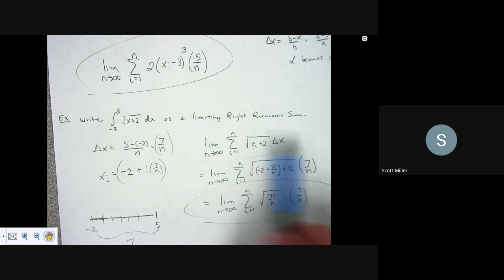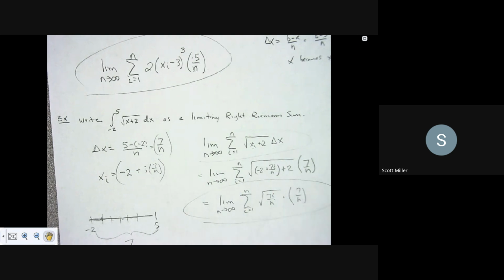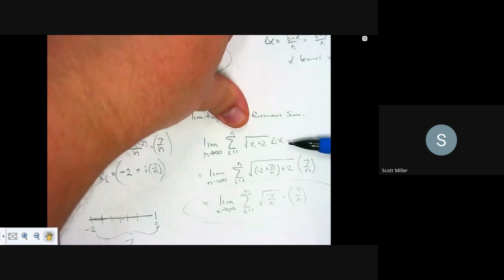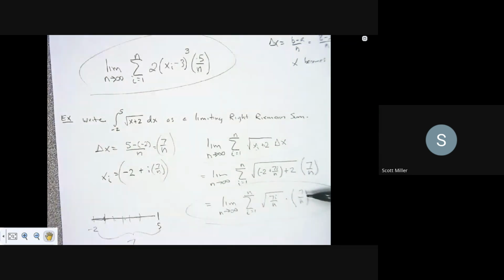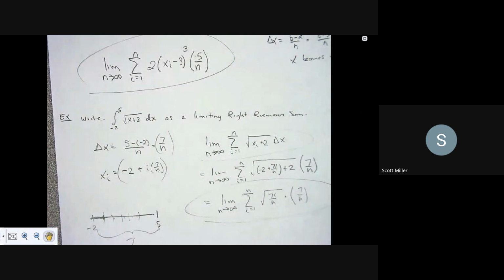If they want to talk about a Riemann sum, they'll do that one because that's the definition. If they want a specific right Riemann sum, then they're talking about this. That's the whole point of this exercise. We'll practice more of this together in class, and that ends this video.